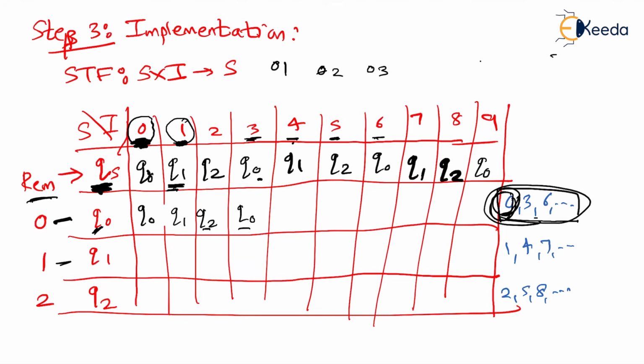Did you again observe some pattern over here? I can see Q0, Q1, Q2, Q0. So just like the above row, do I see the same pattern getting repeated again? Yes, you are right. And it will be repeated exactly as it is in the above row.